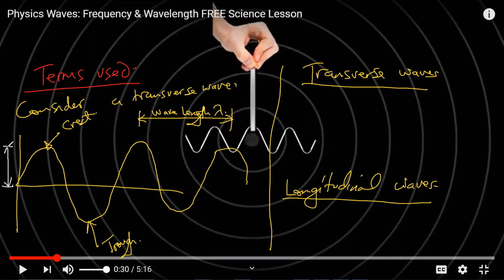A is called the amplitude. Please draw this diagram because it's going to be very important. Then this part here is called the rest position.